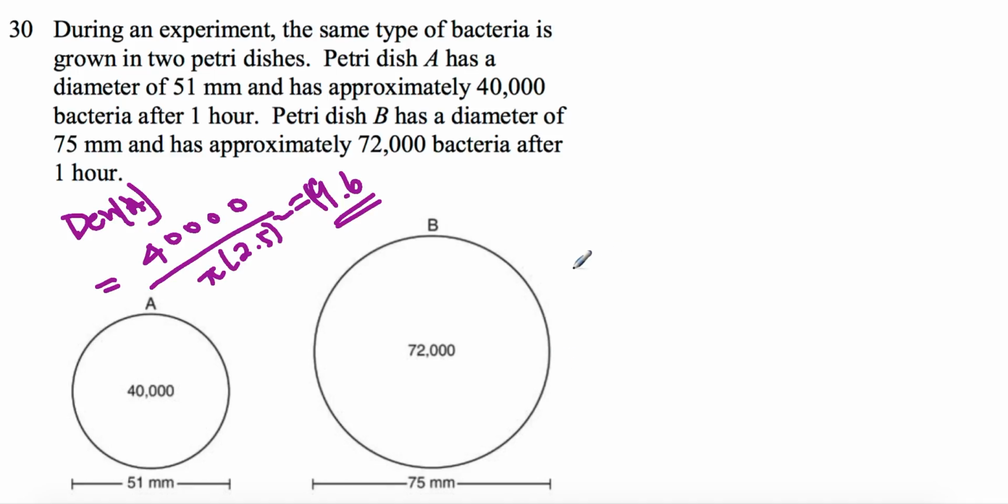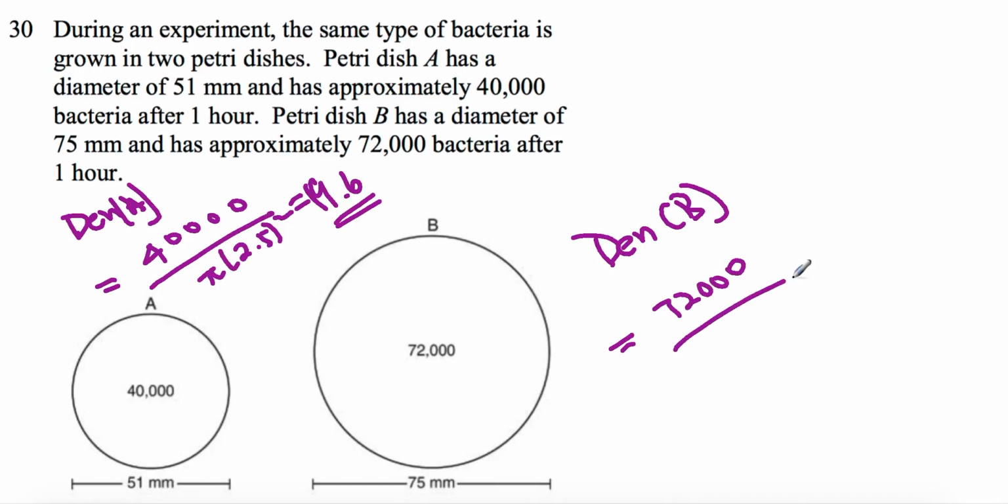In this case, we're going to do the same thing. Density of B is equal to 72,000 divided by pi, and then 37.5 squared.